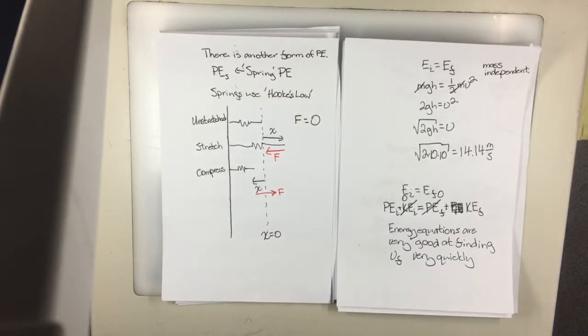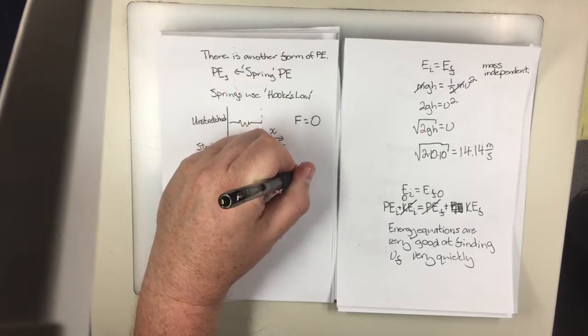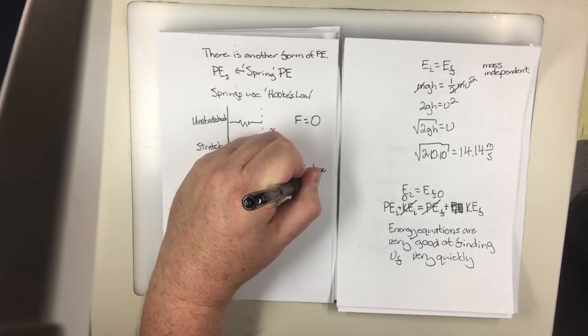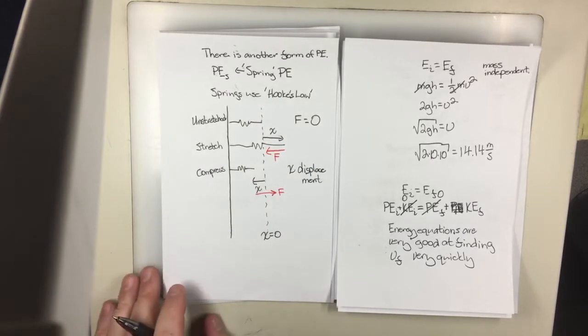So no matter which direction x is, the force on the spring will always be opposite that of the displacement. So x we'll call displacement, and F is the force.